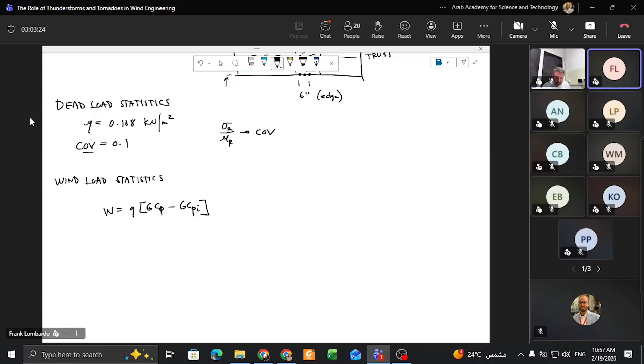In short, Q, back in metric again, is 0.613. This is going to be slightly different. This is an old version of ASCE, but it really wouldn't change the results. 0.613 KZ, KZT, KD times V squared. And what I'll include, and I'll show the figures here, the stats are non-tornado.